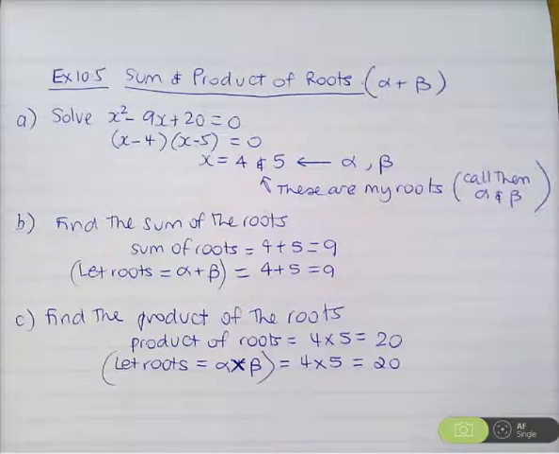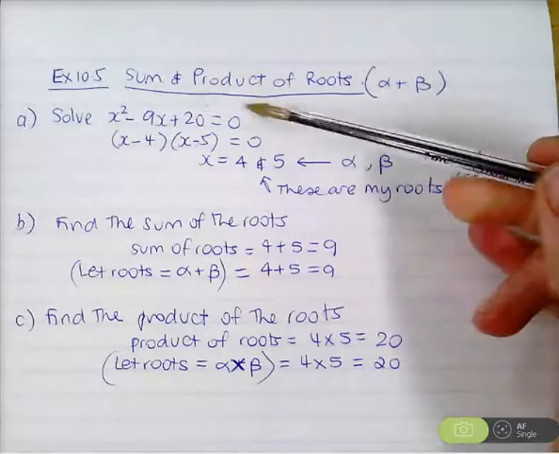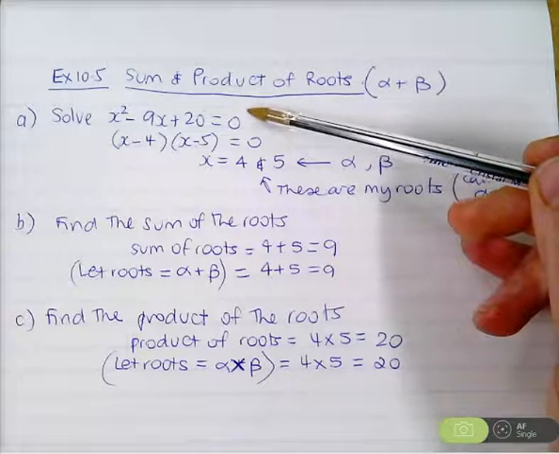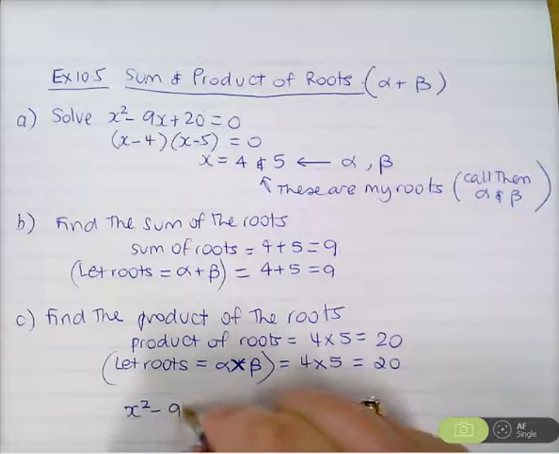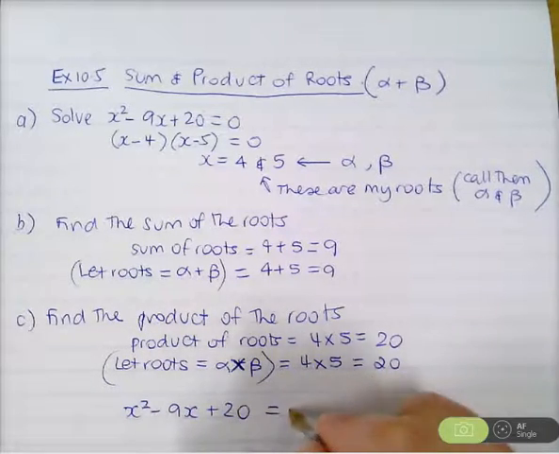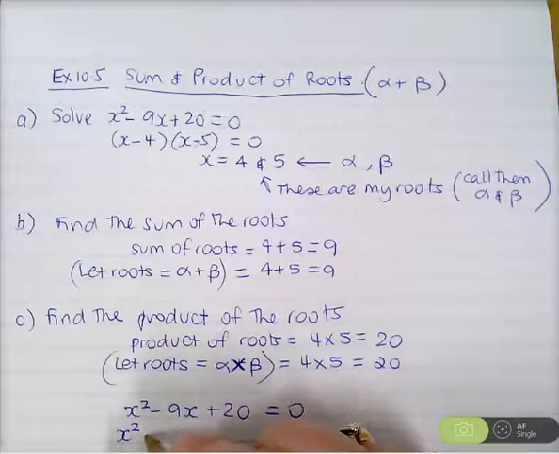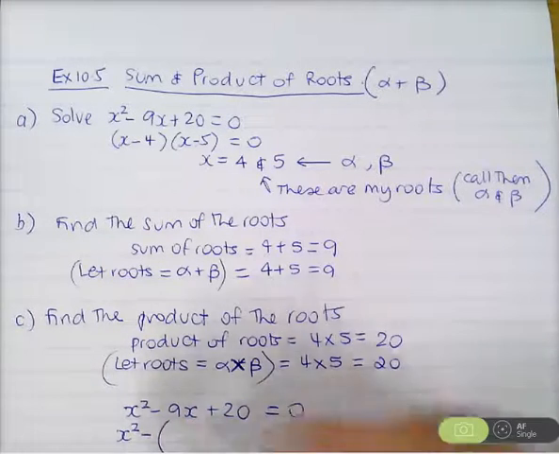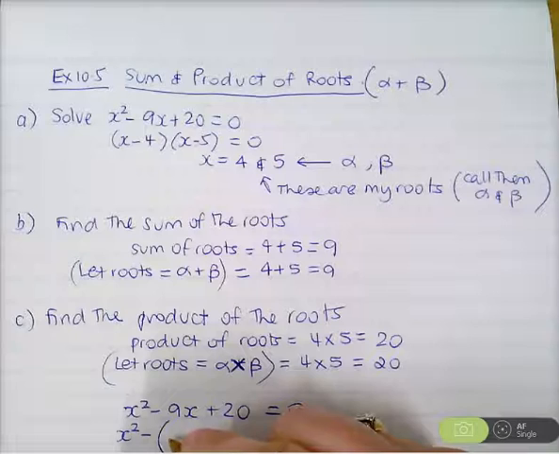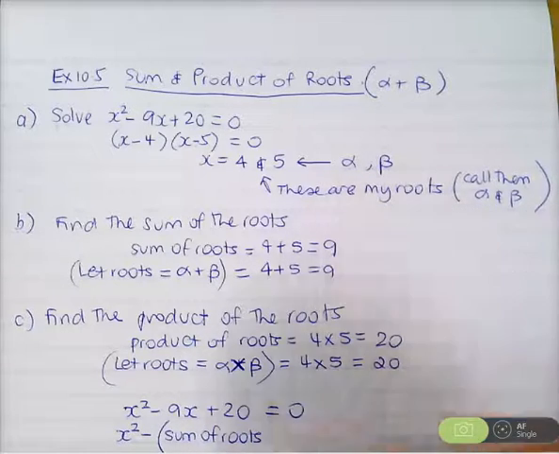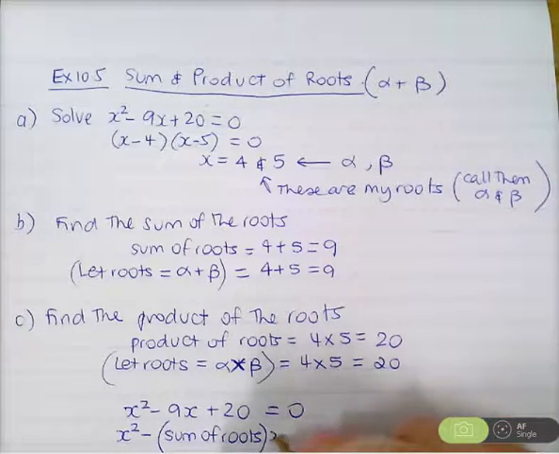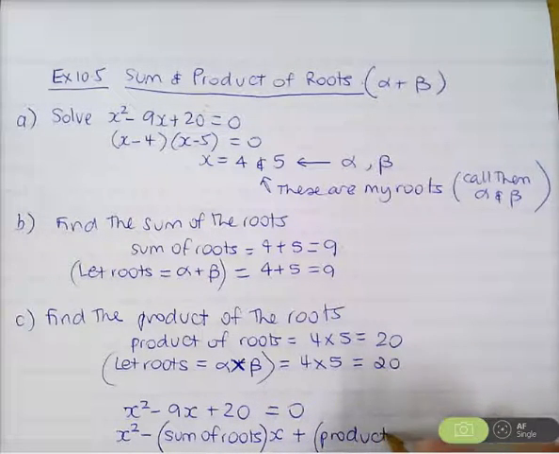Now, see that equation up here? x squared minus 9x plus 20. Can't I say that's really x squared minus the sum of roots? Isn't my sum of roots 9? So it's x squared minus sum of roots times x plus product of roots.